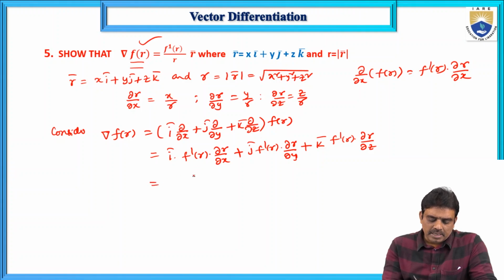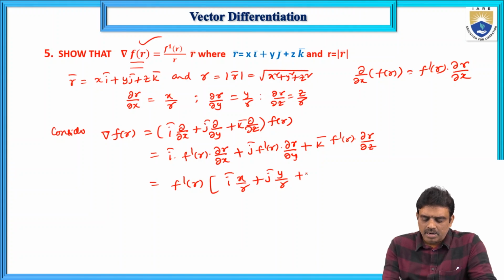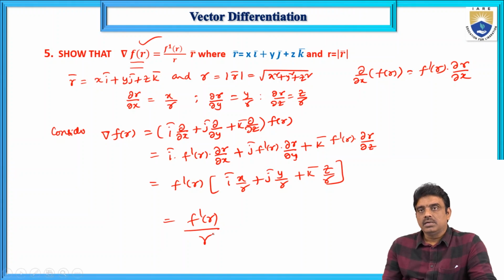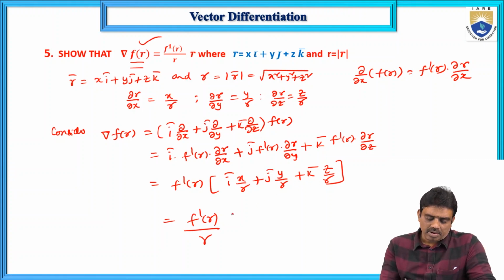So what is the common term here? f dash of r you can take outside. i bar into ∂r/∂x, x by r, plus j bar into ∂r/∂y, y by r, plus k bar into ∂r/∂z, z by r. Or I can write f dash of r by r, taking the r value outside.